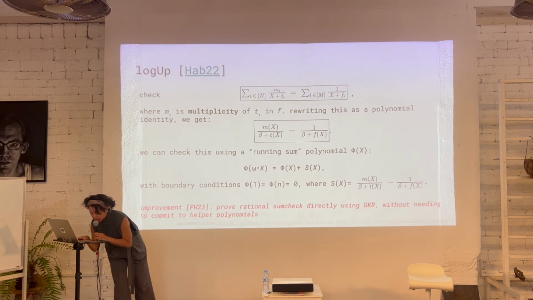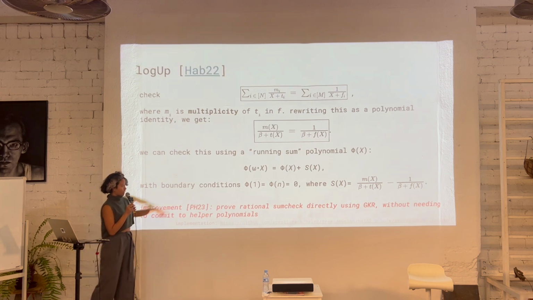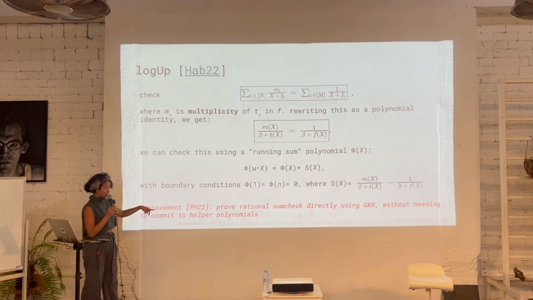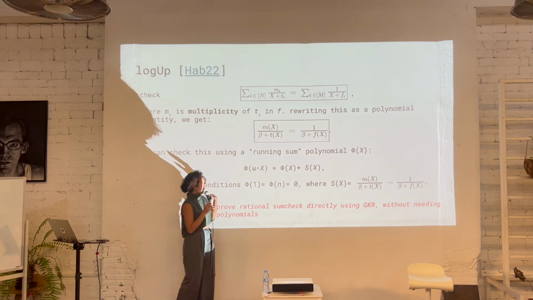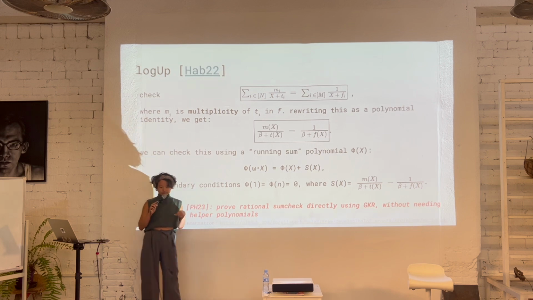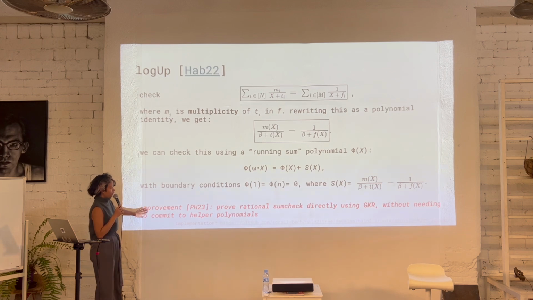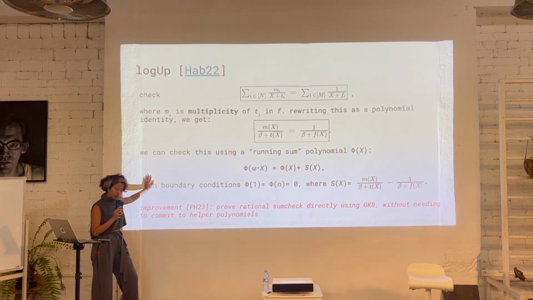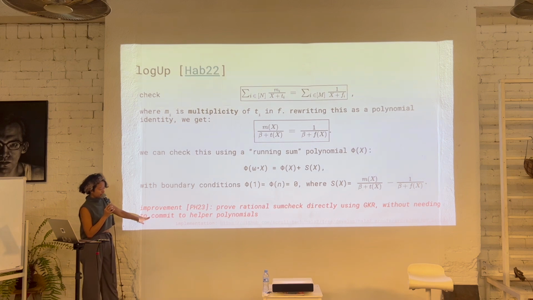But I think last year, Lookup GKR improved on this by getting rid of this polynomial identity stuff and just directly proving this rational sum check using the GKR protocol. So this improved on the vanilla lookup because the prover no longer has to commit to helper polynomials.